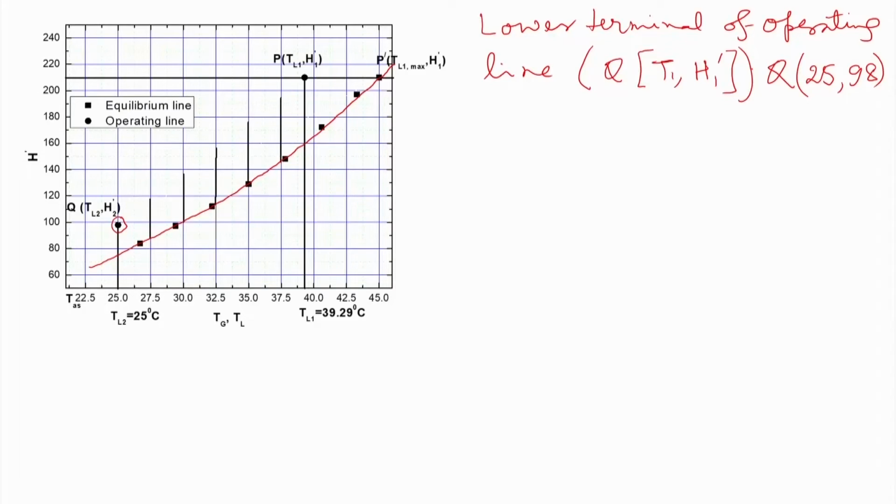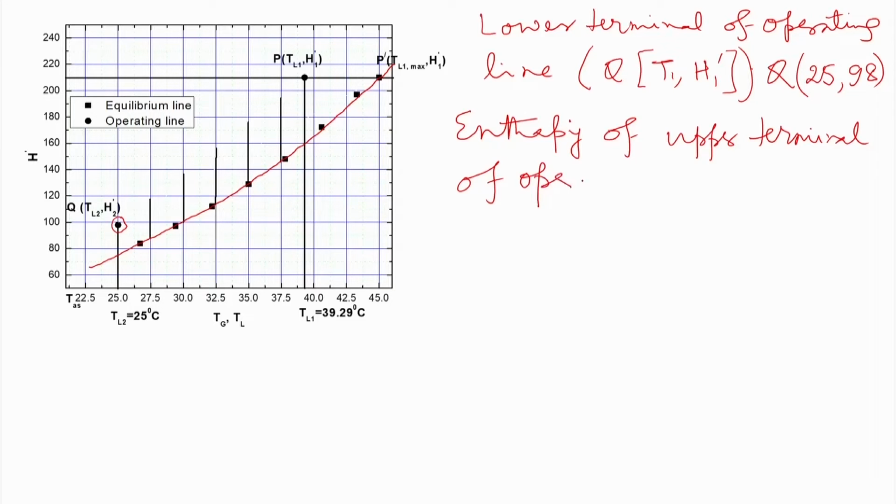So the enthalpy of the upper terminal of the operating line is 210 kilojoule per kg.